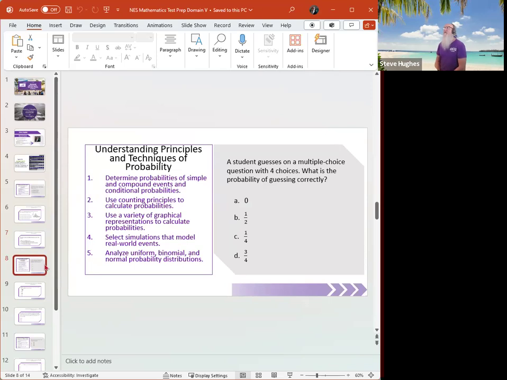All right, next question. A student guesses on a multiple choice question with 4 choices. What is the probability of guessing correctly? All right, so I want you to think about the formula for probability. Give me a second, let me grab my pencil.